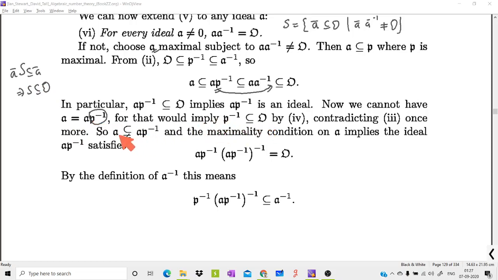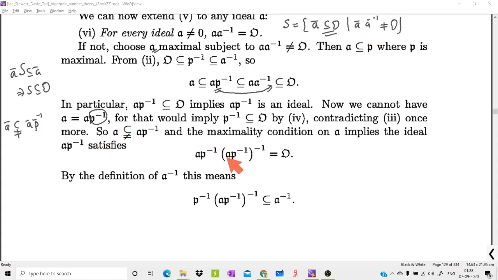So A is contained in AP inverse, and this inclusion is always proper. The maximality condition on A implies that the ideal AP inverse is not an element of this set, because A is the maximal element of this set. So we can never assume this result for AP inverse.